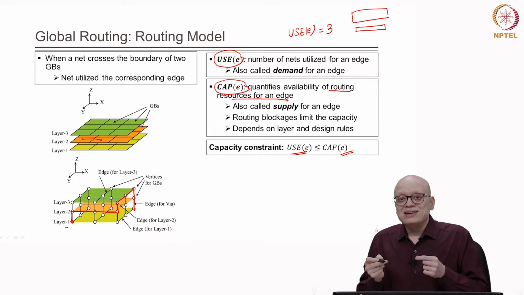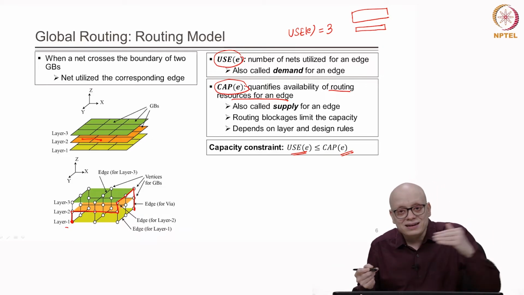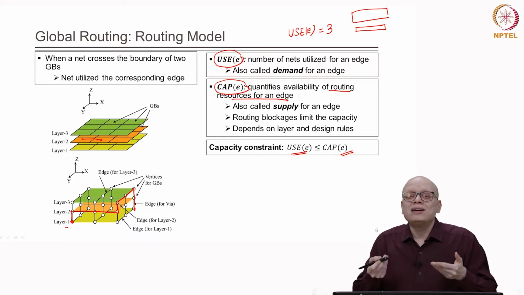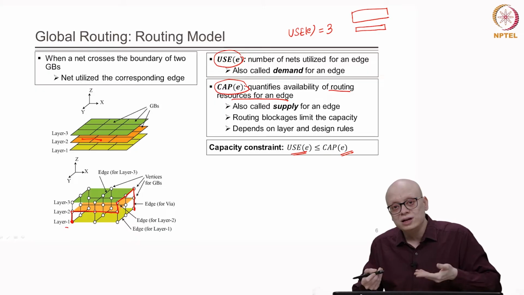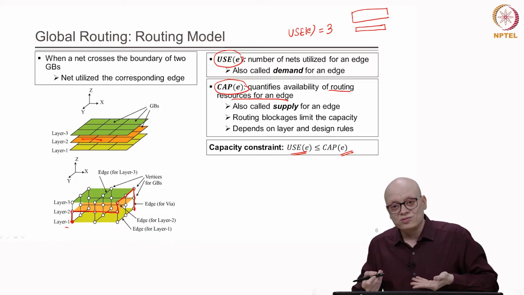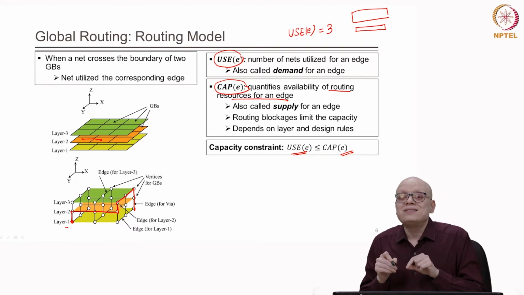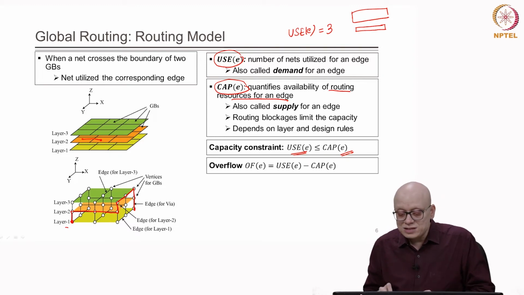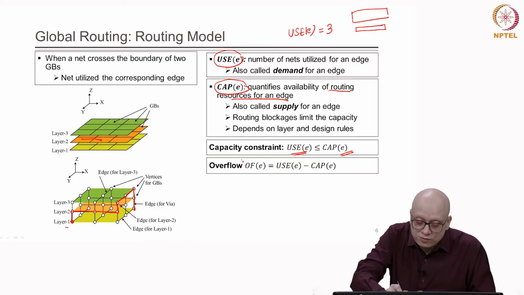If it is more, then it is likely that the detailed router will fail, because we have routed many nets through an edge and there are not sufficient routing resources or tracks available for the detailed router to create the layout for that net. Therefore, the capacity constraint will be violated, and we measure it using a quantity known as overflow, right.